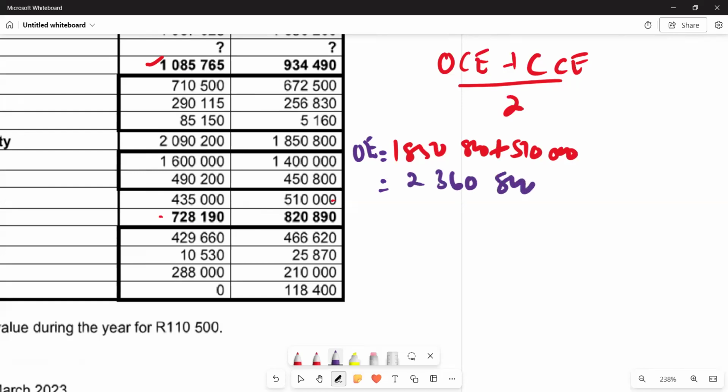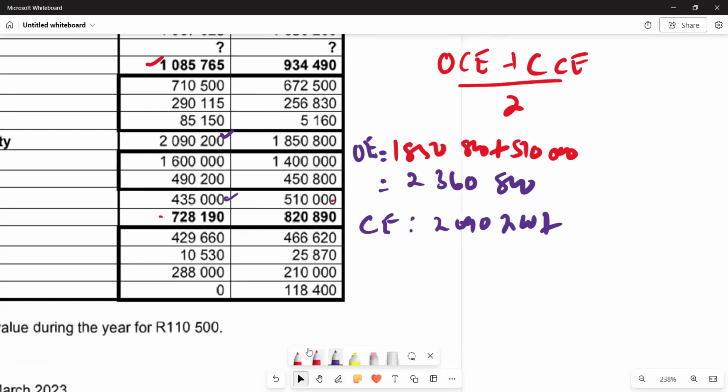So here's 2,360,800. And then for our closing capital employed, we are saying owner's equity is 2,090,200, and then we add the non-current liability, which is our loan, which is 435,000.